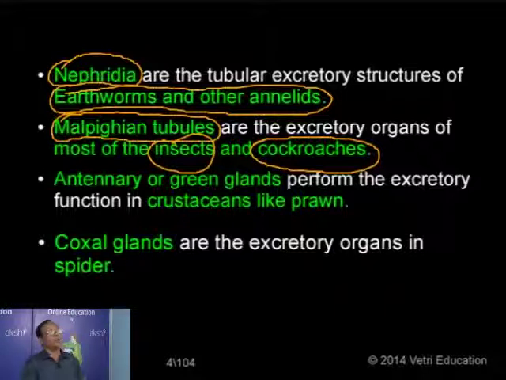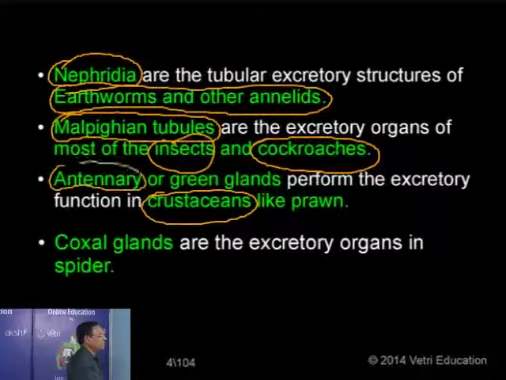Then, in the case of aquatic arthropods, one group is the class Crustacea. Here we have specific excretory organs found at the base of the antenna, which are called antennary glands.